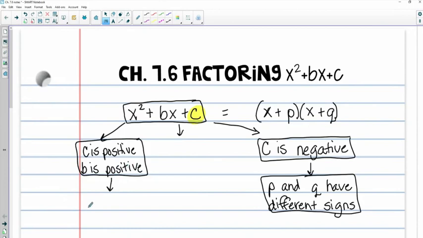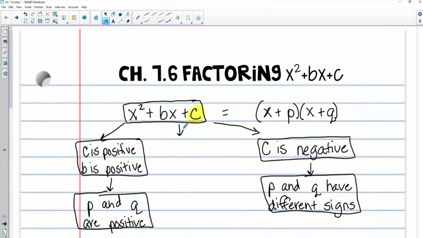P and Q, they are both going to be positive. So P and Q are positive. So that's kind of easy to remember, right? If C is positive, B is positive, then your answer, everything's going to be positive, okay?